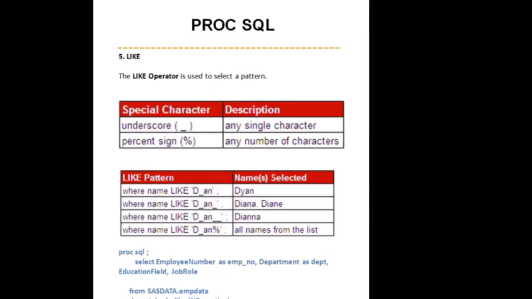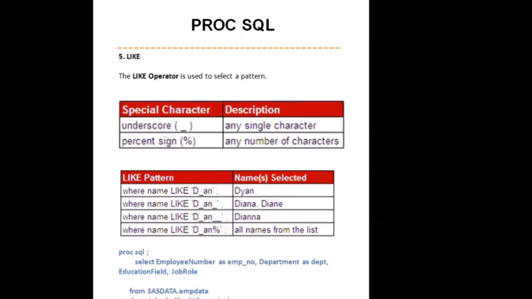The percentage sign basically lets you search any number of characters. For example, you want all the employees whose last name is, let's say, Kumar. What you can do is just mention the percentage and then specify what you want to search at the end. If you specify the percentage at the start and the end, it will work like contains.